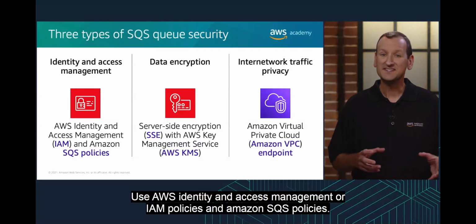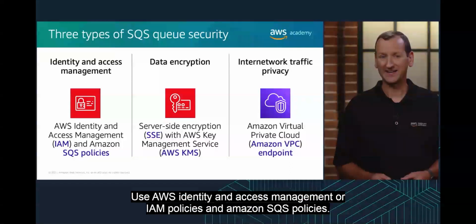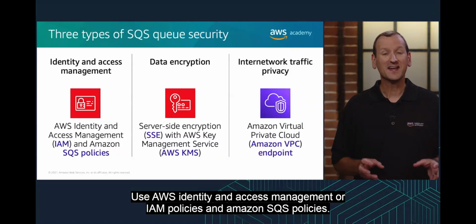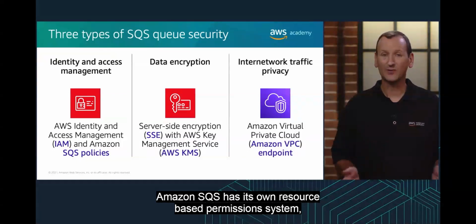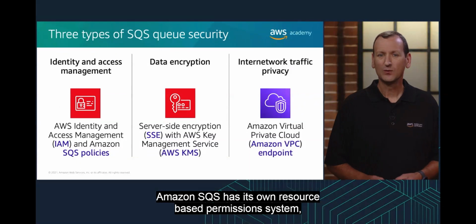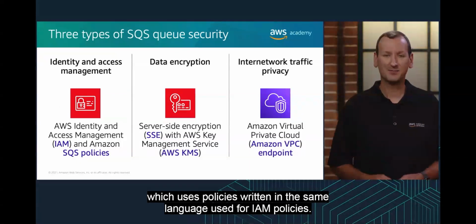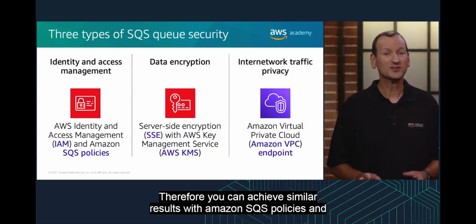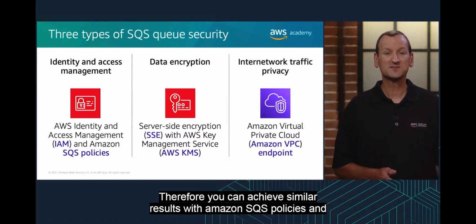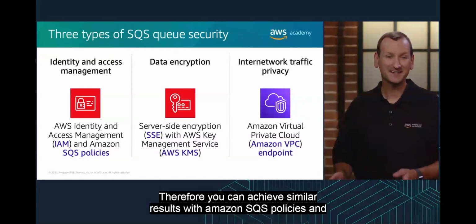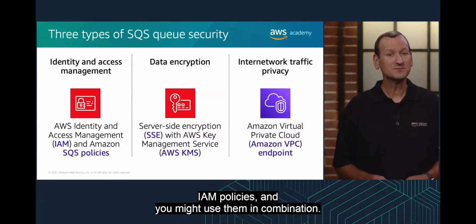Use AWS Identity and Access Management, or IAM policies, and Amazon SQS policies. Amazon SQS has its own resource-based permission system, which uses policies written in the same language used for IAM policies. Therefore, you can achieve similar results with Amazon SQS policies and IAM policies, and you might use them in combination.